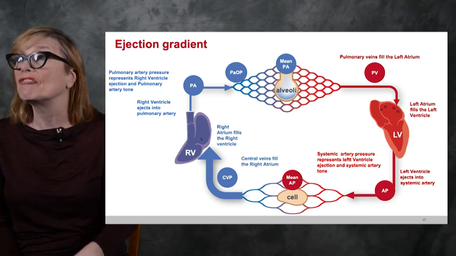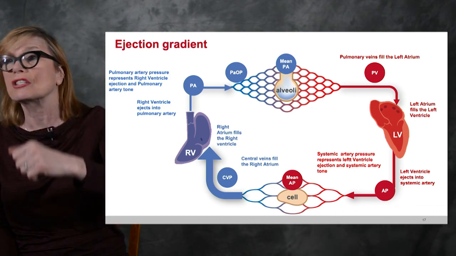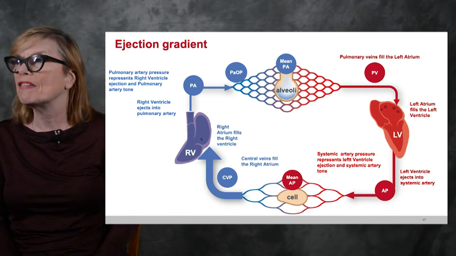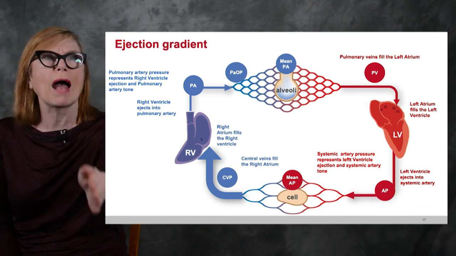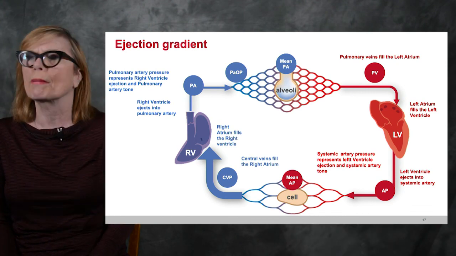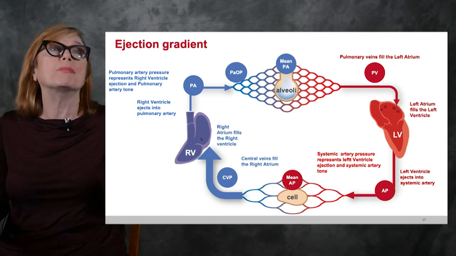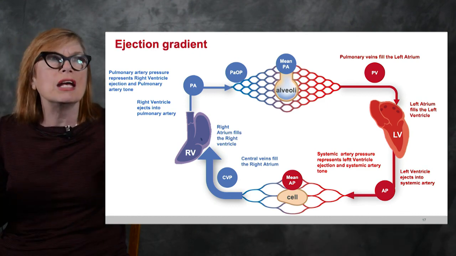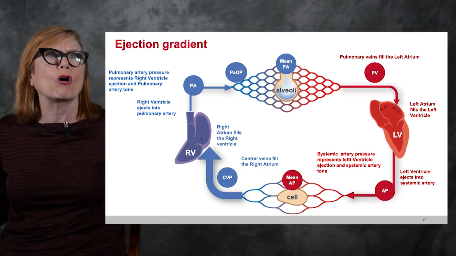That blood then fills the left atria, the left ventricle, and is bolused into the systemic artery by your left ventricle. Your left ventricle boluses that blood into the systemic artery in order to drive perfusion past the cell to promote the use of oxygen at the cell and the uptake of carbon dioxide as a waste product into the blood. This is incredible, and this simple cartoon explains it all.